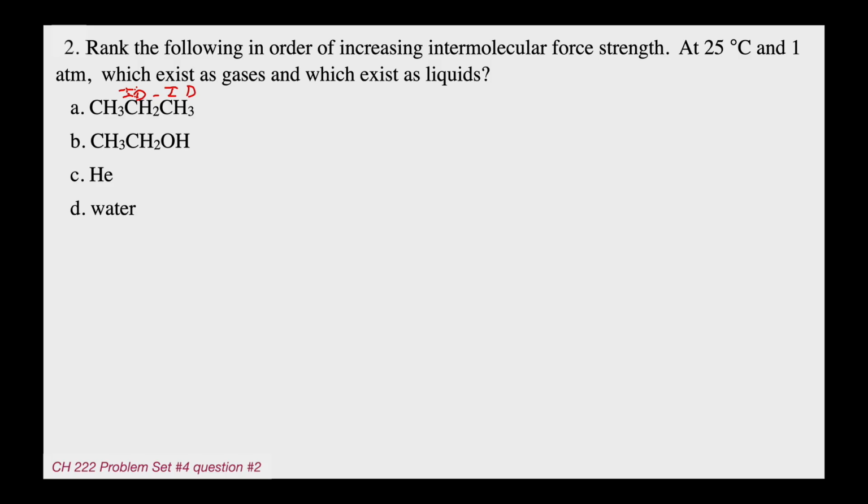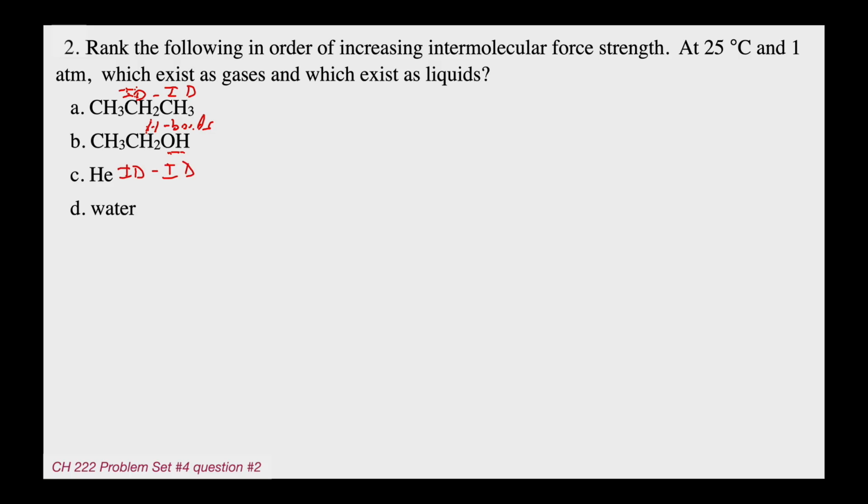The second compound is ethanol. Ethanol, like all the alcohols, has an OH. So this means that ethanol is not just polar. This one actually has the hydrogen bonds working on it. So ethanol has hydrogen bonds. The next one, helium. Helium is the most nonpolar, I would argue, of all substances.